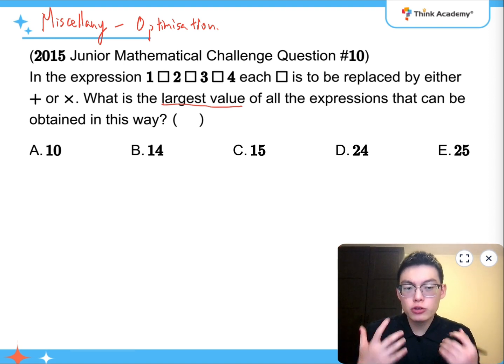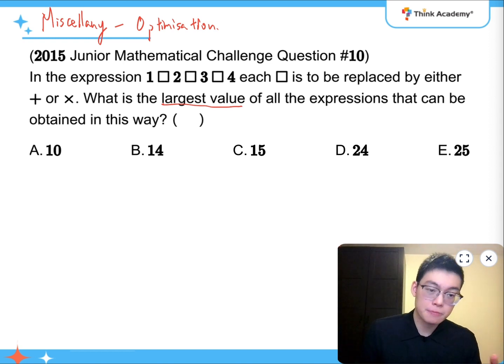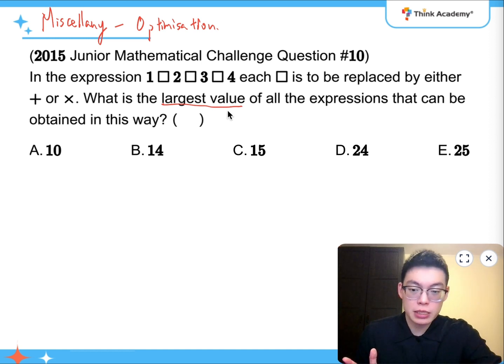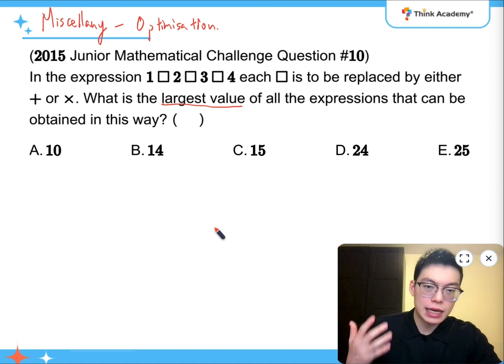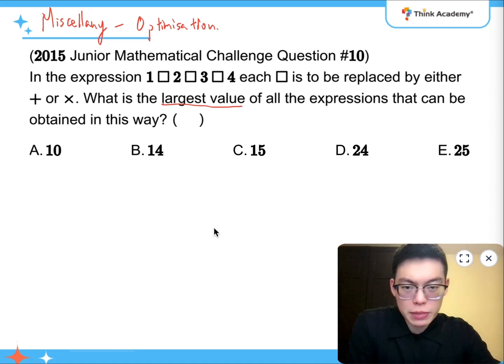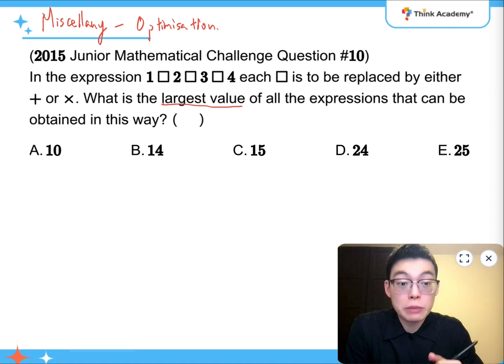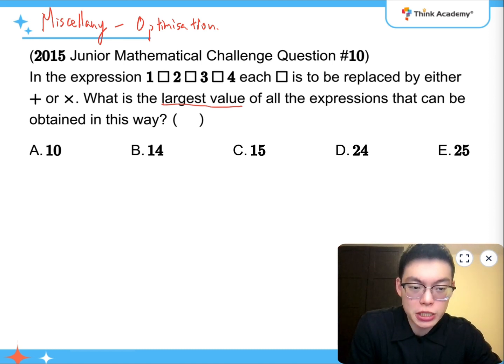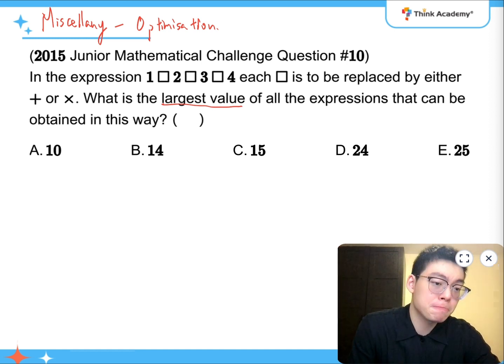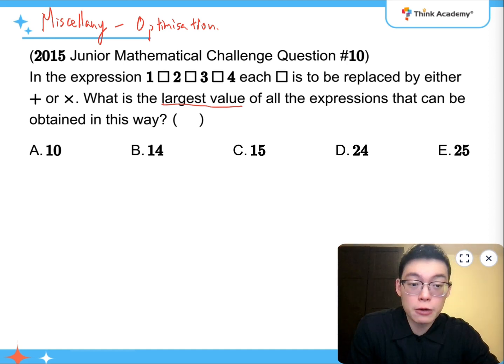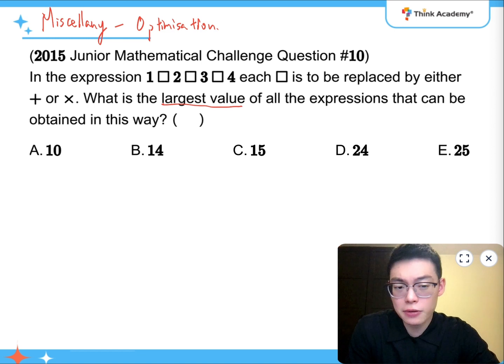But multiplication is going to amplify the value of the numbers much greater than addition, which means that we prefer using multiplication, with one exception: when we are just multiplying 1 to any number. When we are multiplying 1 to any number, it is itself, which means that it won't get any larger, right?